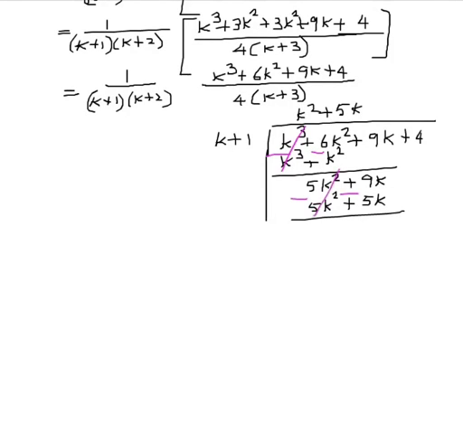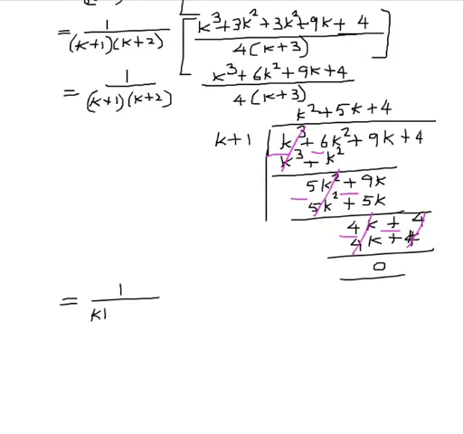Change the sign. 9 minus 5 is 4k, and bring down the next term, plus 4. 4 times it goes, we get 4k plus 4. Change the sign, both are getting cancelled and the remainder is 0. Therefore, we get 1 by k plus 1 into k plus 2.